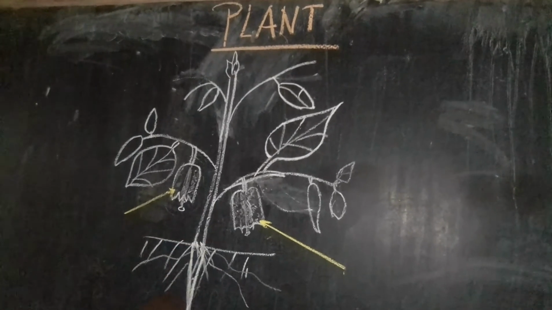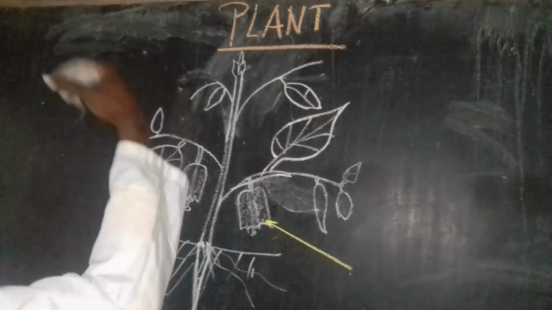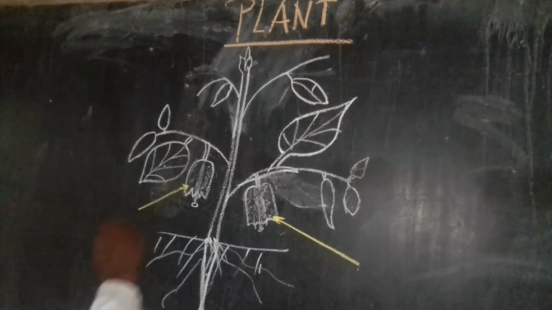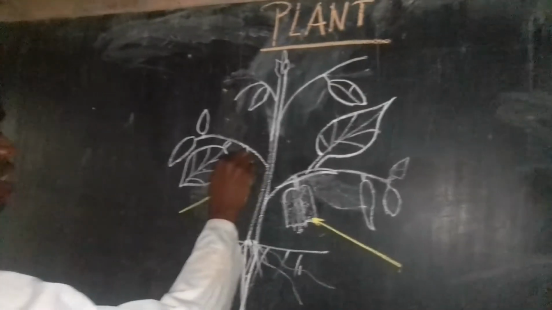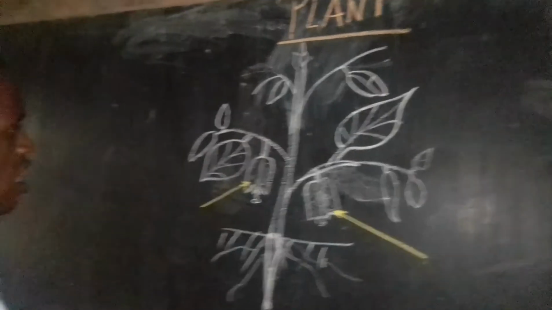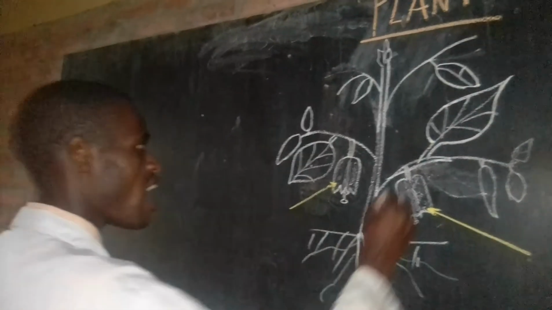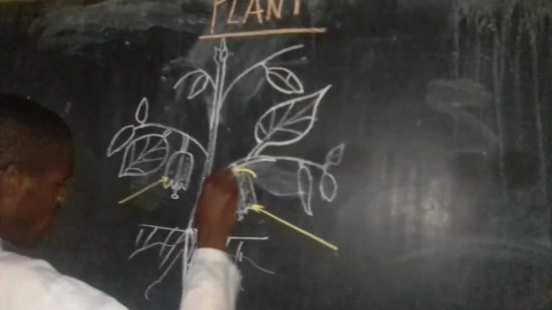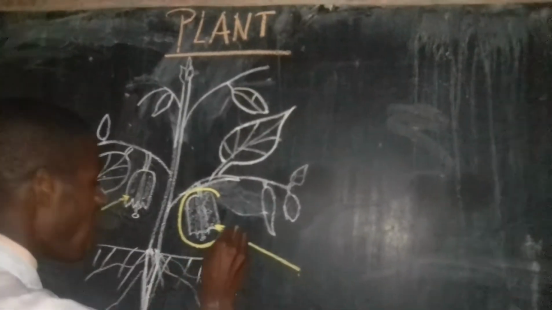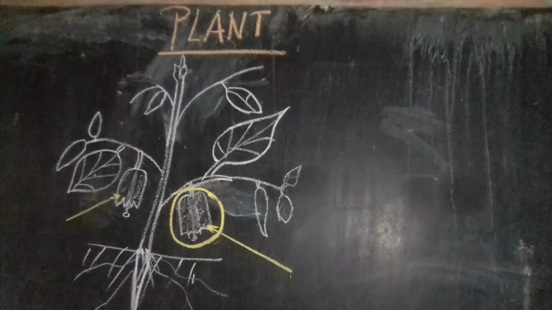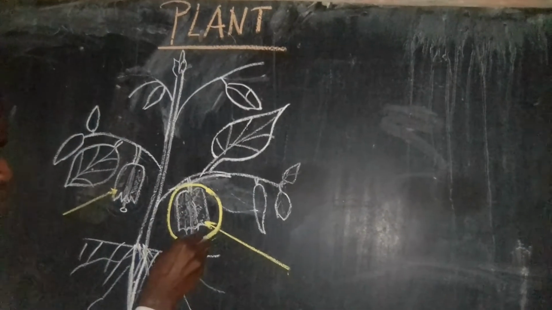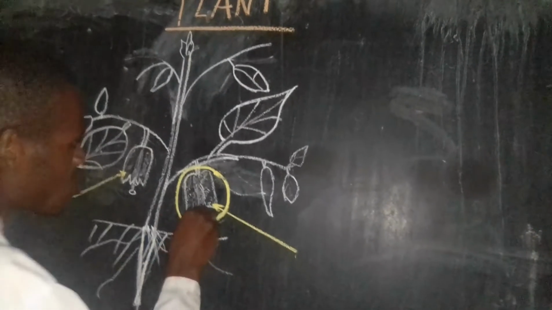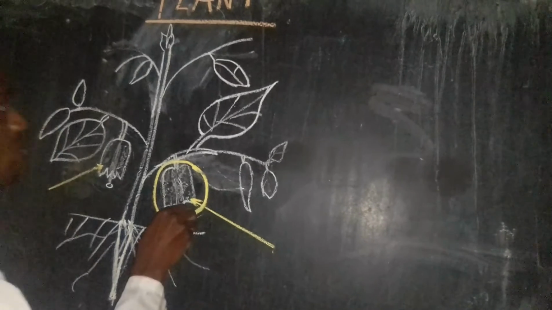This is the root, the stem, the leaf, and then here we have the flower. This is a flower. This is what we are going to study now.